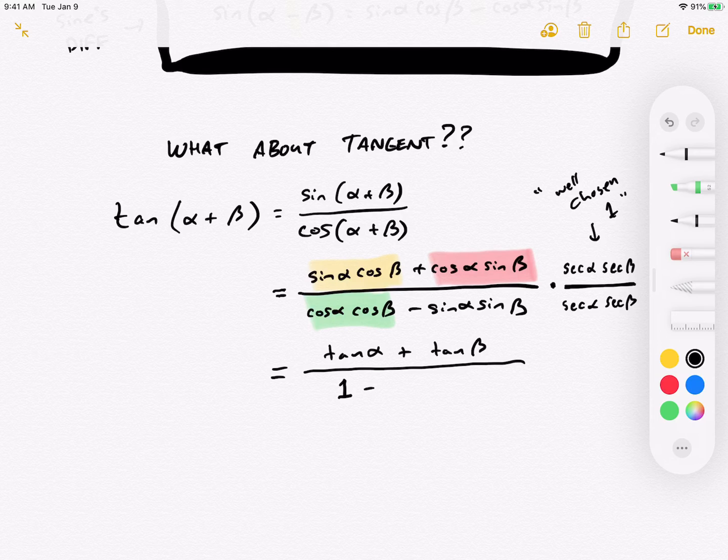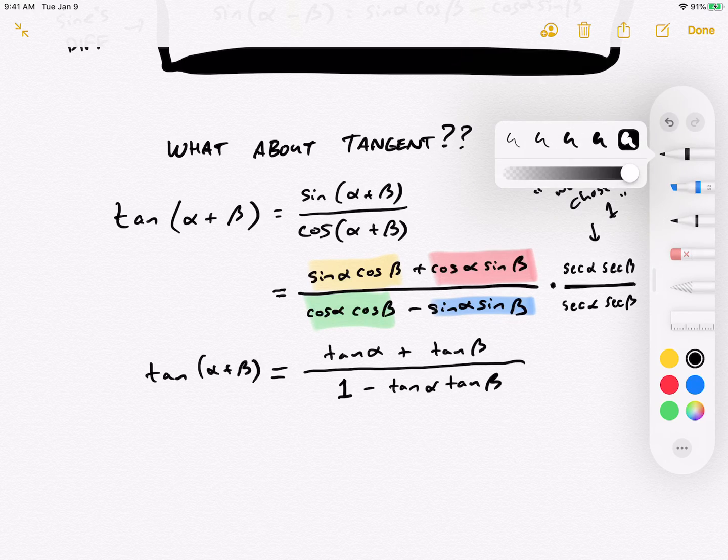Minus, and the last term, sine alpha sine beta. Of course, each of those sines is going to pair with the 1 over cosines to make a tangent, and here you would end up with tan alpha times tan beta. And that right there is, just to bring down the left-hand side, tan's sum formula.